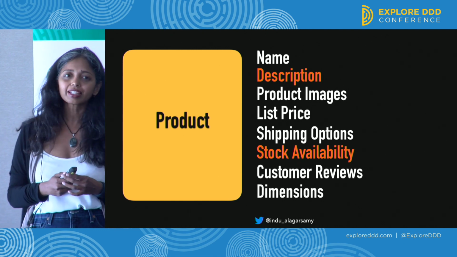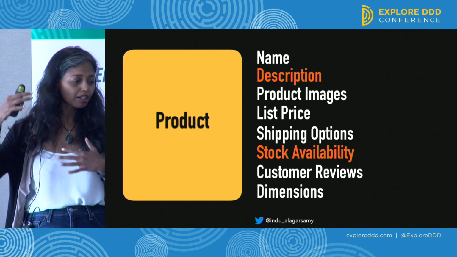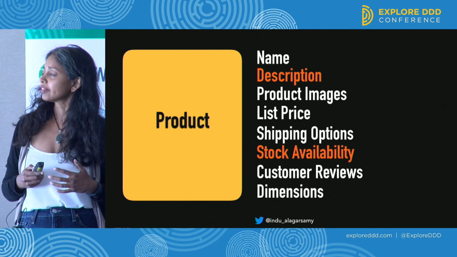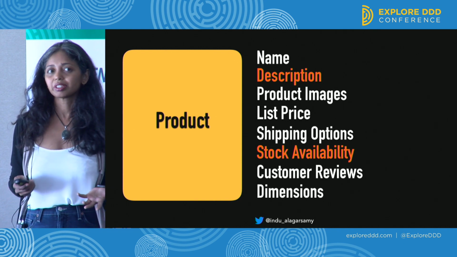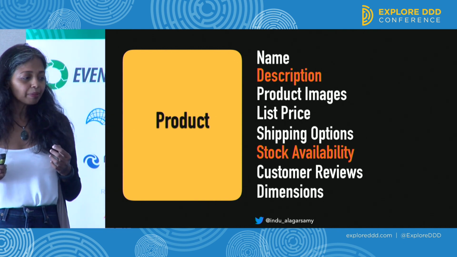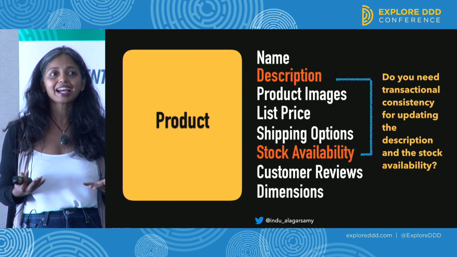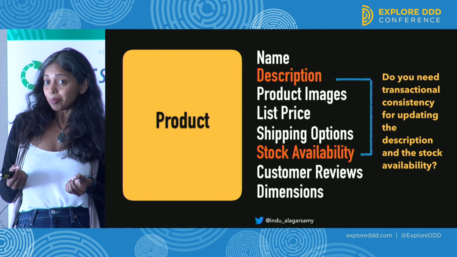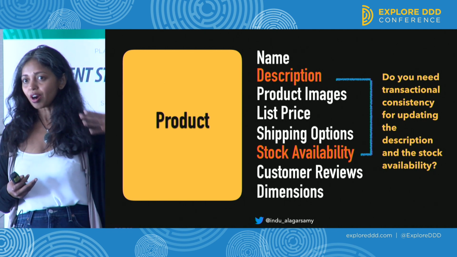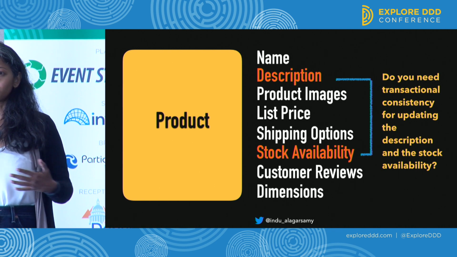heuristics. One that I've used, and it's helped me in the past, is I look at my model and ask myself, okay, in this case, the description and the stock availability: would there be any point in time where we would need transactional consistency? Would you ever be updating the product description and the availability in the same transaction scope?